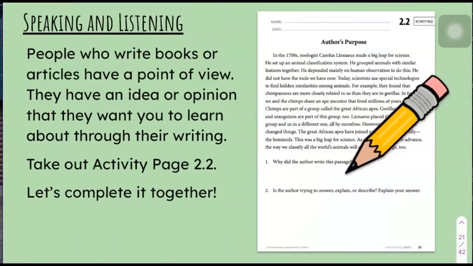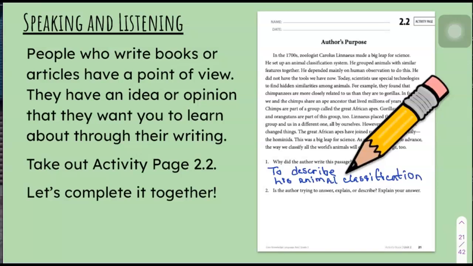So he wrote it to describe his animal classification system.